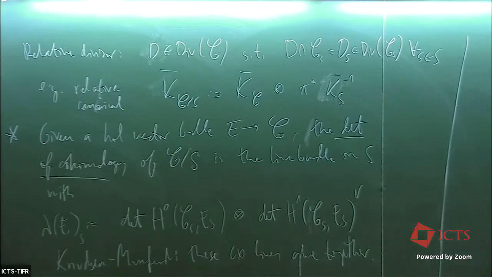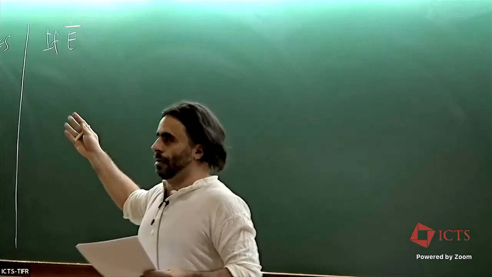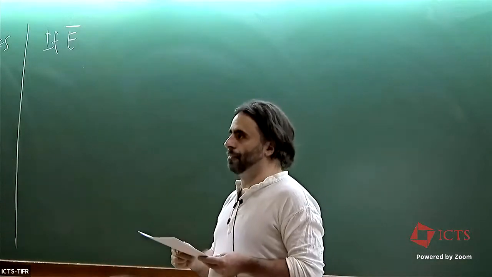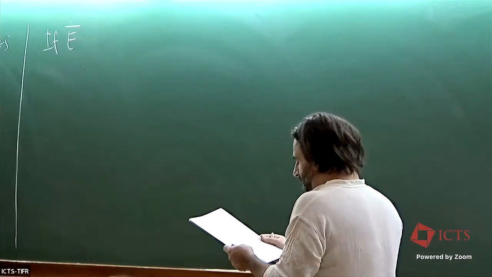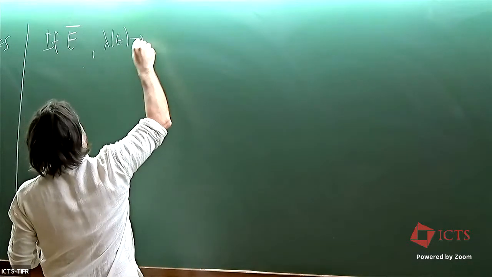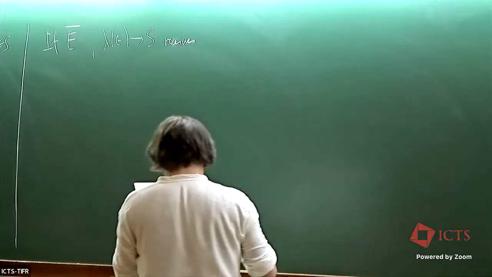And now I'm going to give it a metric. So if E bar, this means that the vector bundle E is given a Hermitian metric, then lambda of E receives a very natural metric.